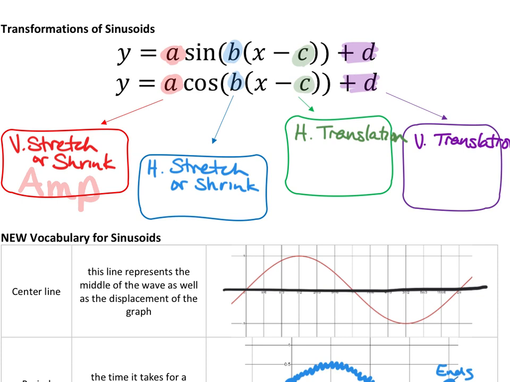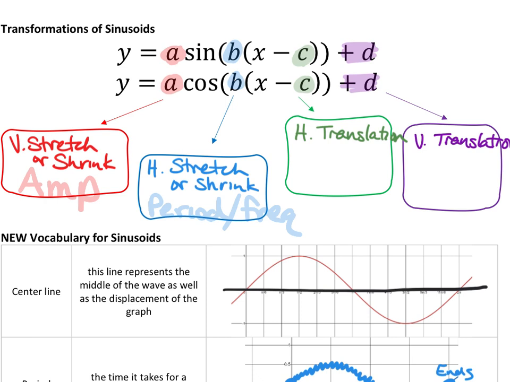I'm still working on the vertical stretch and shrink, but we're going to call it amplitude. Instead of calling it the horizontal stretch or shrink, we're going to refer to the B in regards to the period or the frequency, because that's the useful version, or why you would ever look at the horizontal stretch or shrink for one of these graphs.